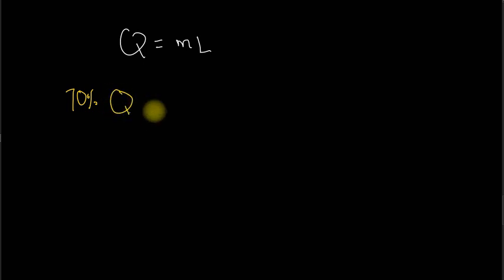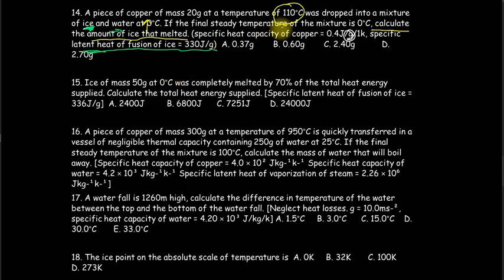So let's assume Q total is what gave ml, right? And we're asked to find the total energy supplied. Mass of ice 50 grams at 0 degrees, completely melted, heat of fusion 336.